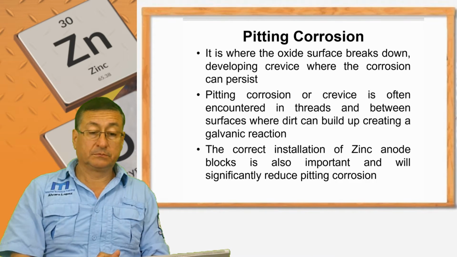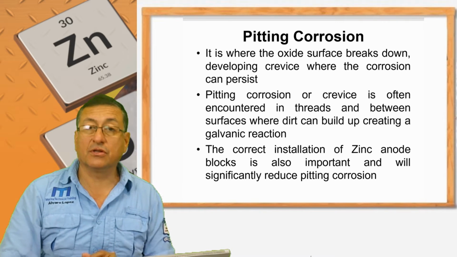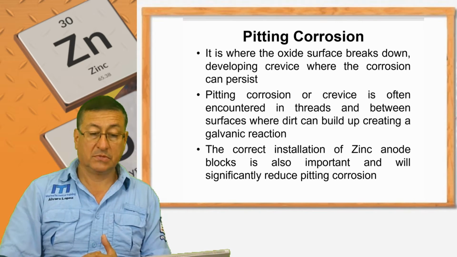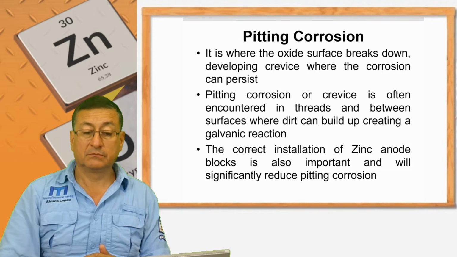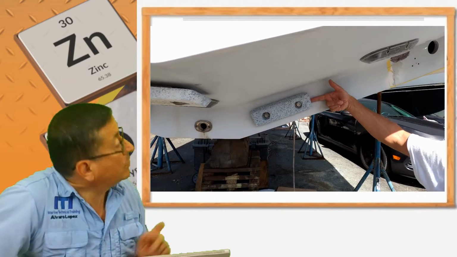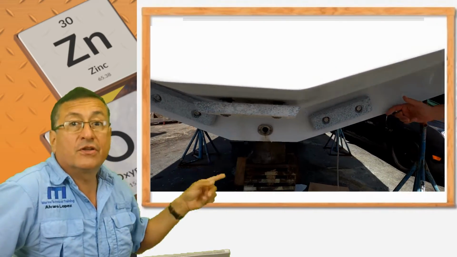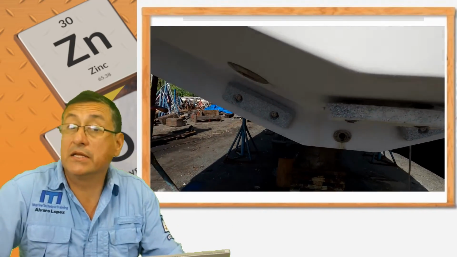Pitting corrosion. For example, the correct installation of the anodes is important in order to avoid pitting corrosion. You remember that episode where I showed that the zinc should be separated from the transom? That's critical.